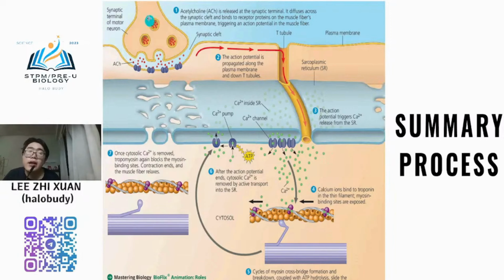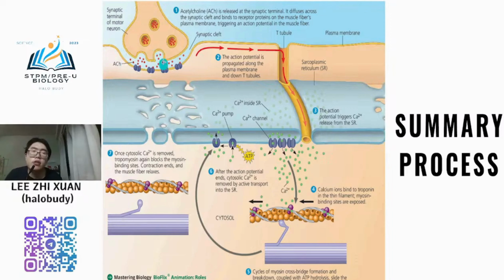When the nerve impulse reaches there, calcium ion, you still remember that there is calcium ion here, will influx into the synaptic knob, and this will cause the synaptic vesicle to move to the plasma membrane of the presynaptic neuron and release the neurotransmitter. The neurotransmitter that plays the role in muscle contraction is acetylcholine.